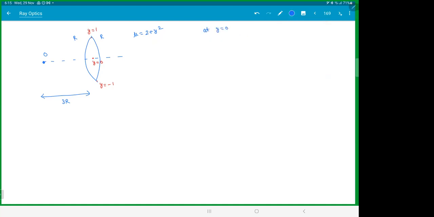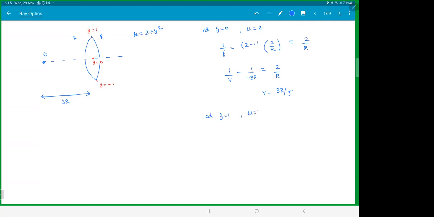So at y is equal to 0, mu is equal to 2. The focal length will be 2 minus 1, 1 by r minus 1 by r is 2 by r. So 1 by v minus 1 by minus 3r is equal to 2 by r. How much is this? V is 3r by 5. We just calculated this.